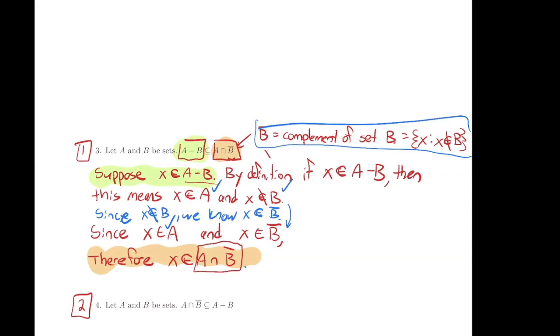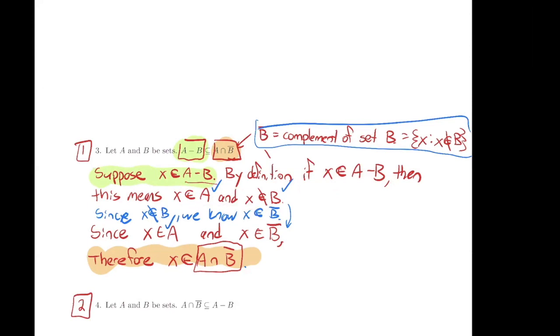So a good plan of attack is, okay, if X is in A minus B, then what is that by definition? Let's just write out what that means. The definition of the difference of 2 sets would mean that it's in the first set, but not in the second set. So that's what we wrote over here and over here.